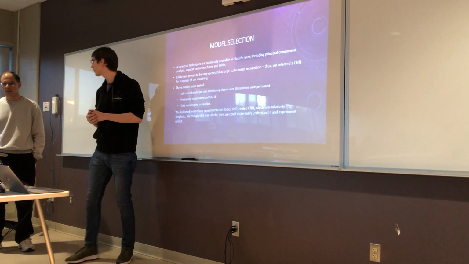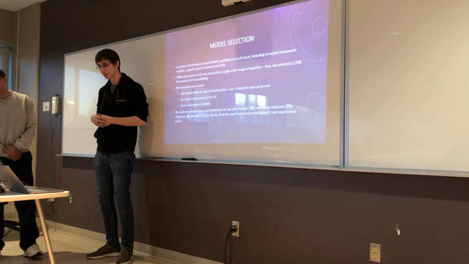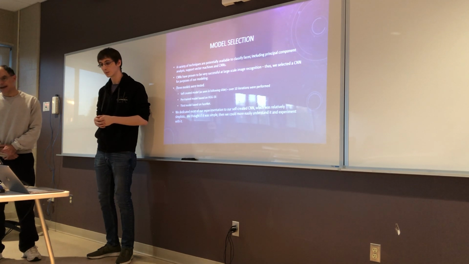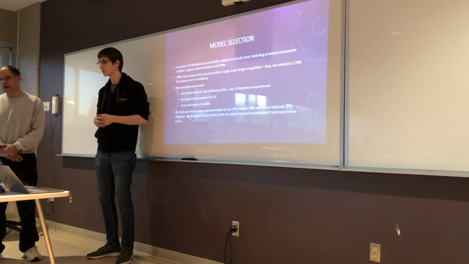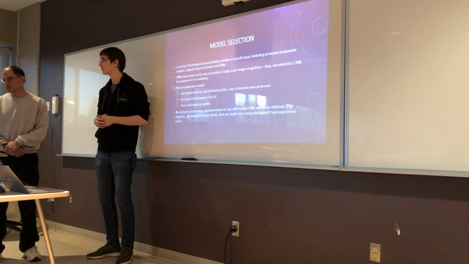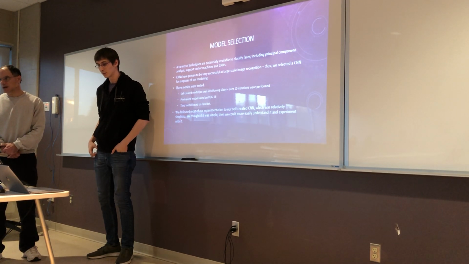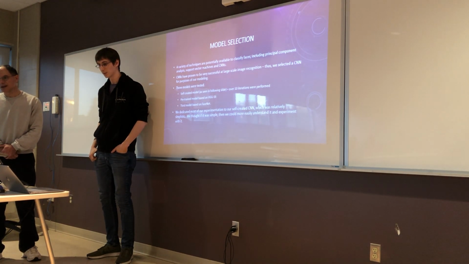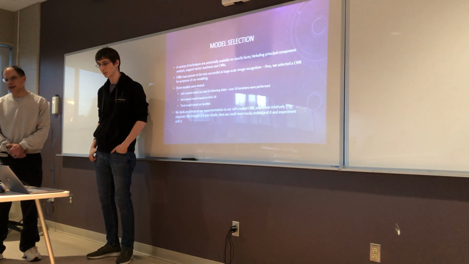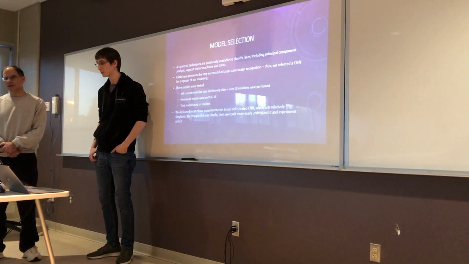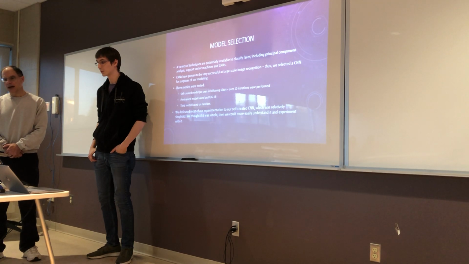One of the things that we did was model selection, and as Scott mentioned, we chose to use a CNN. The reason for that is that CNNs have been proven to be very successful with image classification and identification. As Scott mentioned, we also had 3 different models. One of them was a very simplistic, self-created model.